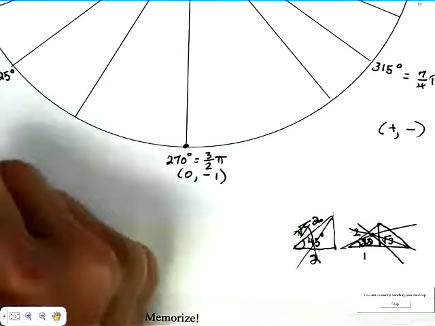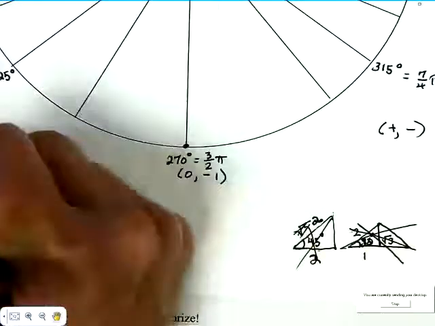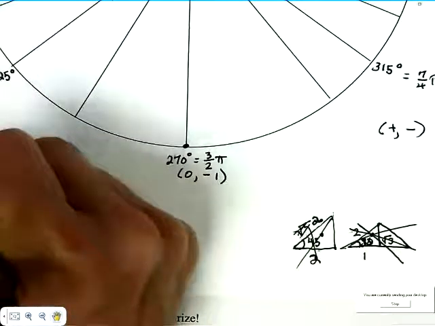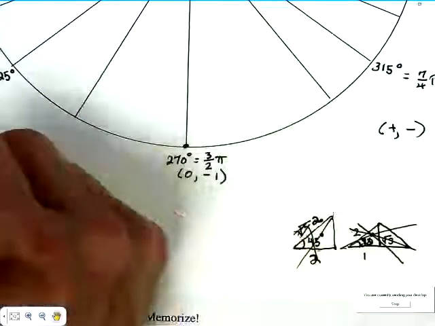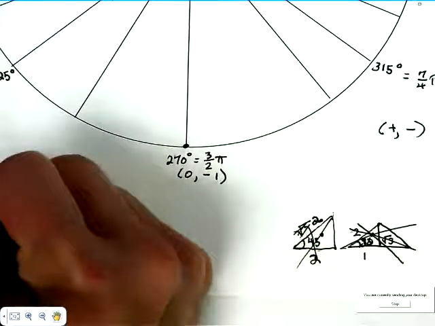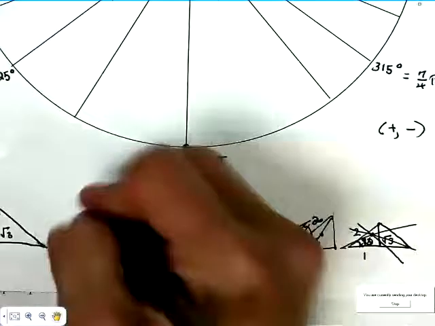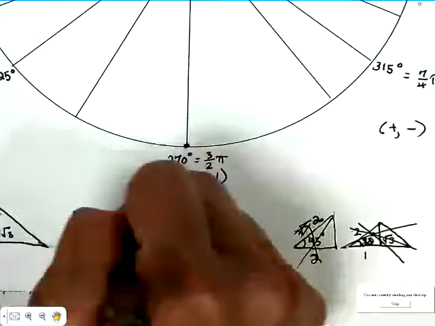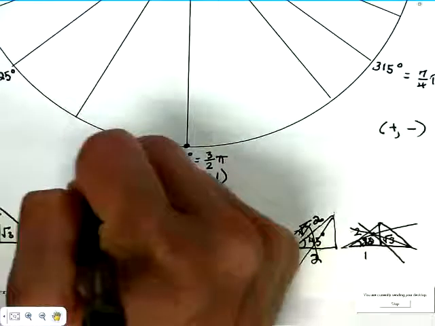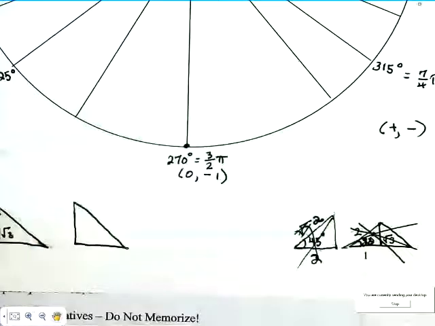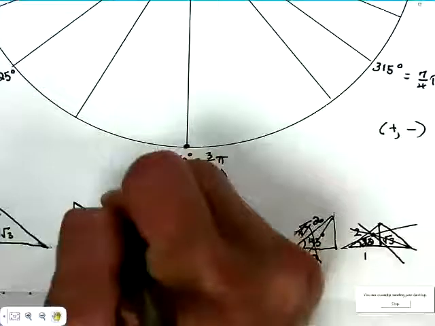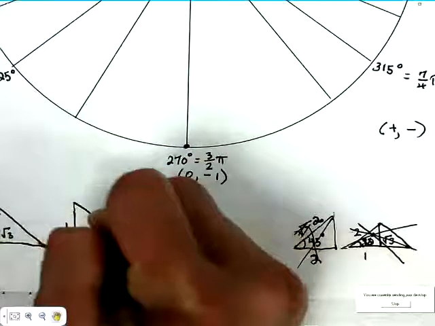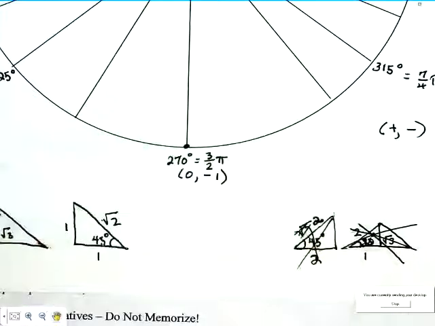That's my 60 degree. That's my 30 degree. That was the equilateral triangle where this is 2, this is 1, that's square root of 3. My 45 degree angle, this was 1, that was 1, and that's square root of 2. All right. Gosh darn it. I messed that up good.